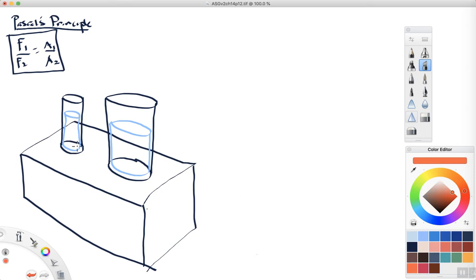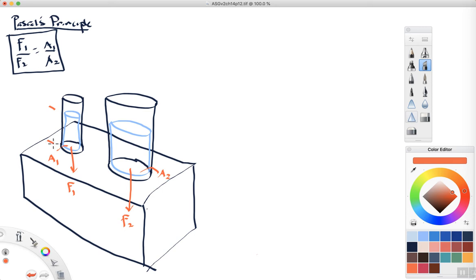And this fluid right here has some weight, and so it is pushing down on the fluid inside of the chamber with some force F1, and this fluid here has some weight and it's pushing down with a force F2. Let's suppose that this area here is area 1 and this area here is area 2.